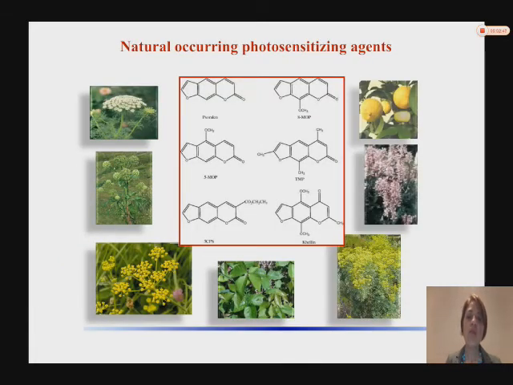Furocoumarins are naturally occurring photosensitizing agents extracted from more than 1,500 plants, and among them the linear derivative 8-MOP is one of the most widely used drugs. Differently from conventional photosensitizing agents, furocoumarins act through an oxygen-independent mechanism.